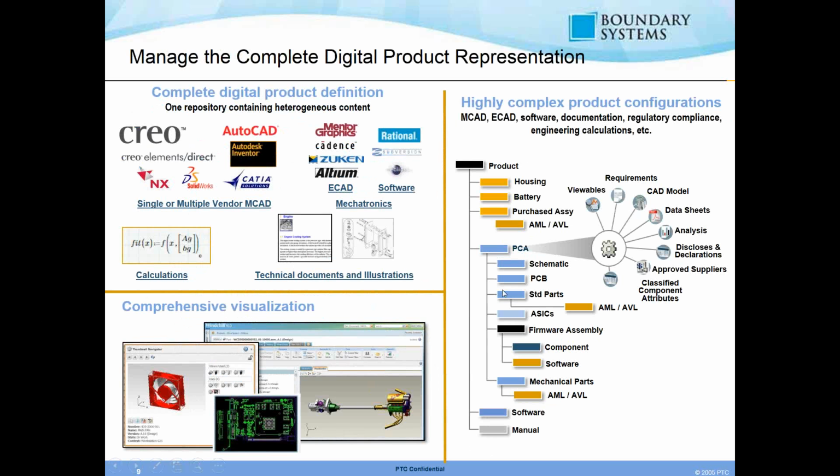So, again, the general idea of product structure management is we're building a complete digital representation of the product. So we can have our MCAD, we may have ECAD, we may have software, we may have additional documents that go along with that. And as you can see on the right, we have an example of a product structure.